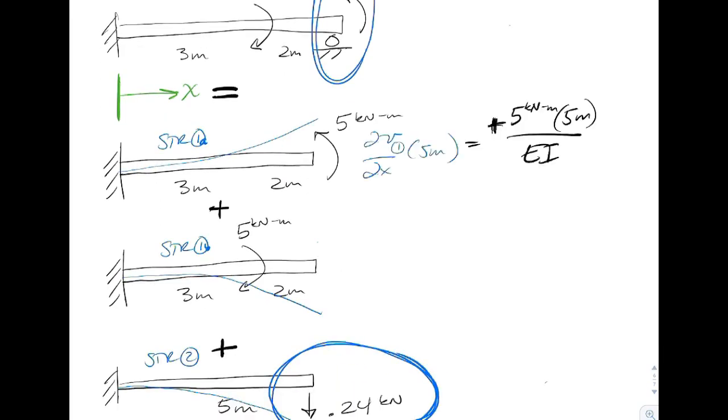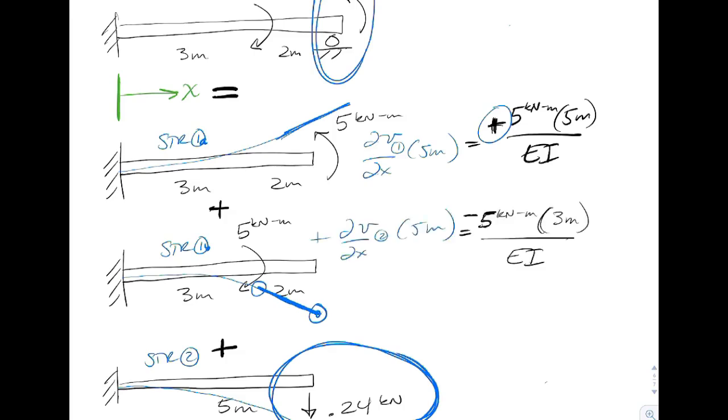The slope here would be ML over EI, noticing that the slope is going to be positive. The slope at 5 meters in structure 1B is going to be the same as the slope at 3 because we've got no moment. So we've got plus partial V partial X at 5 meters equal to ML, L being 3, the distance from the wall to the moment, over EI.